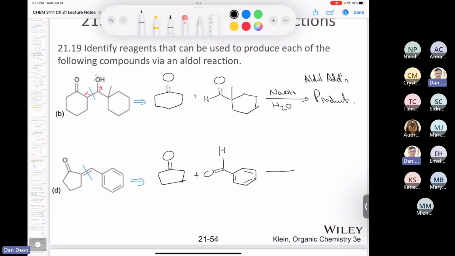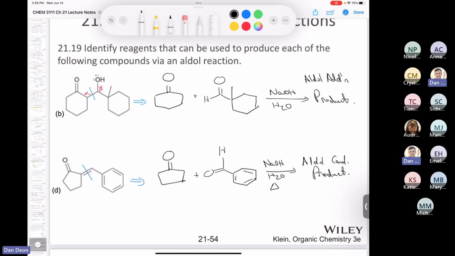And what are our conditions? Well, it's condensation, so we need sodium hydroxide, water, and heat. That's going to give us the aldol condensation product. Everybody with me on those?